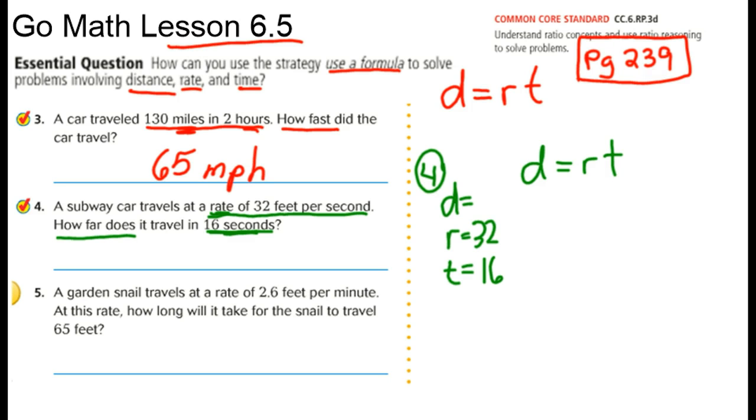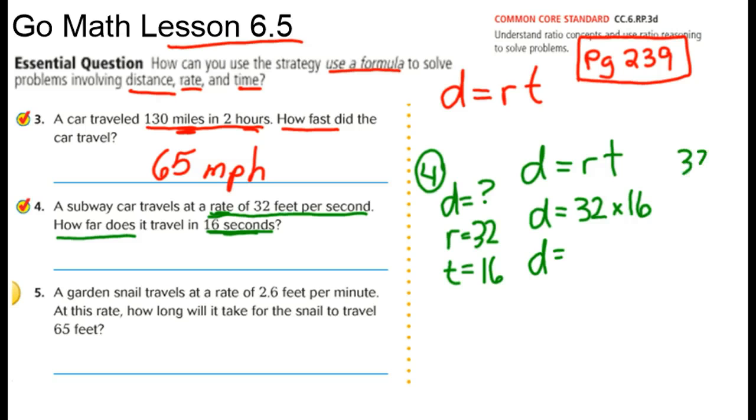So in this case, we are actually looking for distance. So getting into the formula, I do not have a d, so I copy that down. I'm going to substitute r with 32 times 16, and d is going to equal whatever 32 times 16 is.